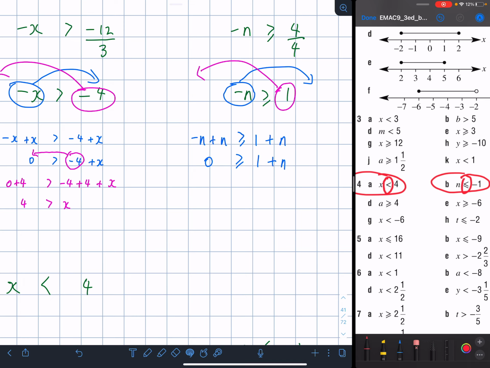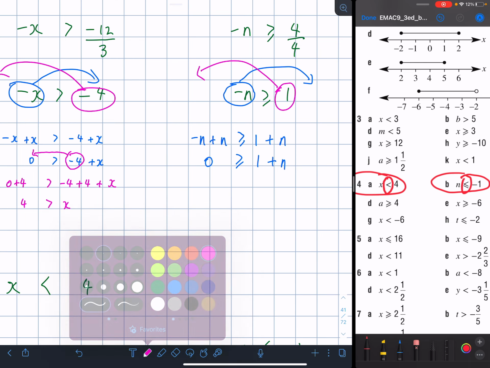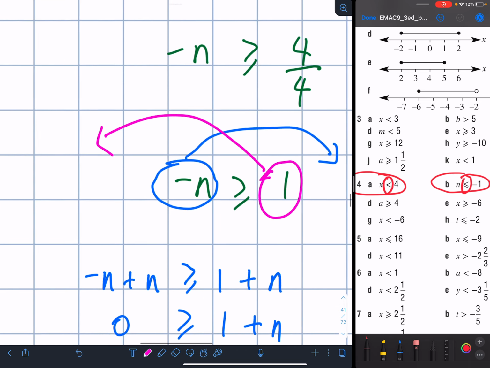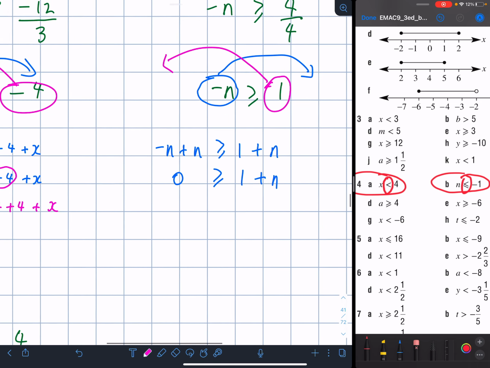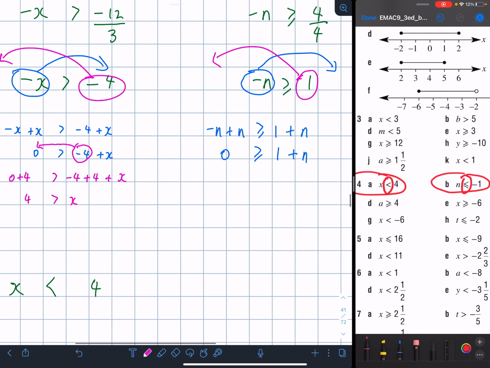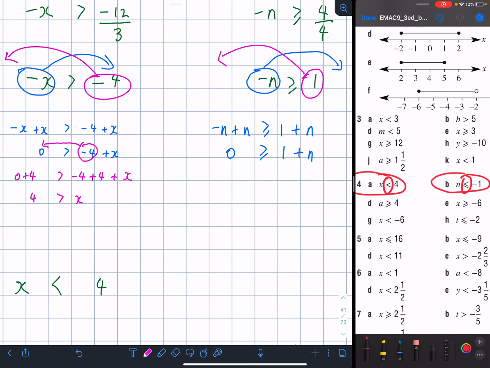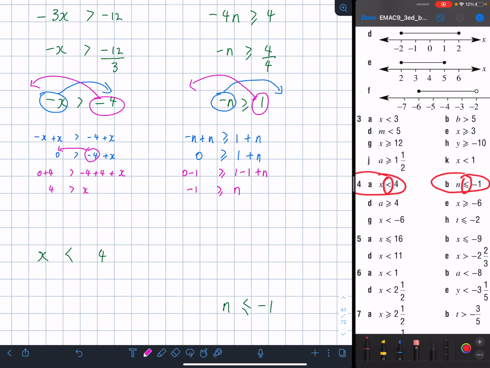Then we want to do our second inverse operation, which is to deal with that 1. We want to move the 1 to the left-hand side. So we're going to minus 1 from both sides. Okay, and so that will give us minus 1 is greater than or equal to n.